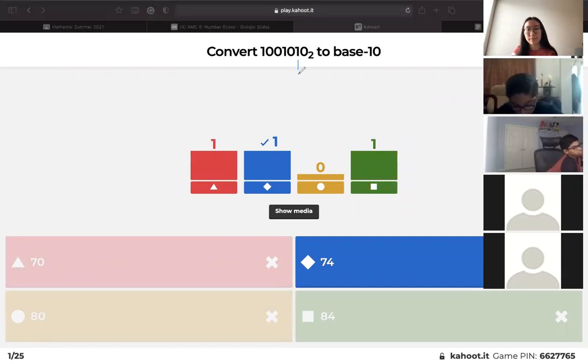If you write out the place values, this is going to be 2, this is going to be in the 8s place, and this is in the 64s place. So if you find the sum of all of that, you get 74.